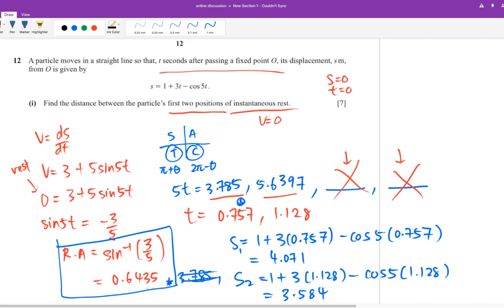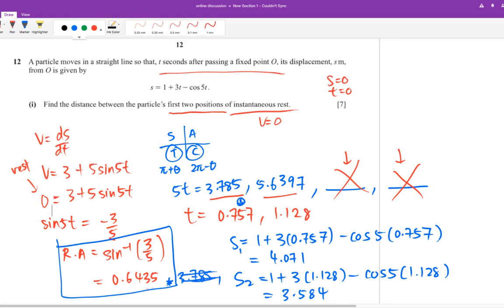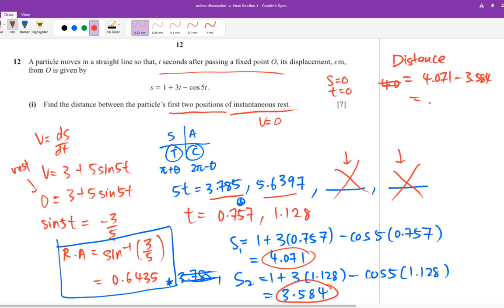If you want to find the distance between them, you use the largest value minus the smaller value. So the distance will equal 4.071 minus 3.584. Then you get the distance between them is 0.487. Alright, that's all. I guess my answer is correct.